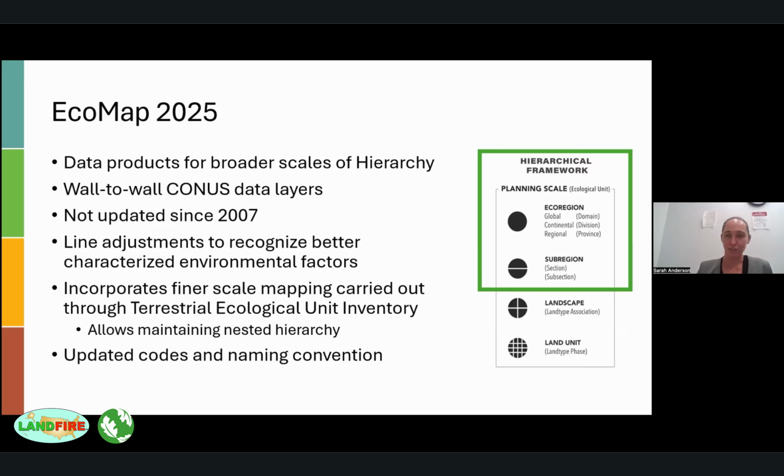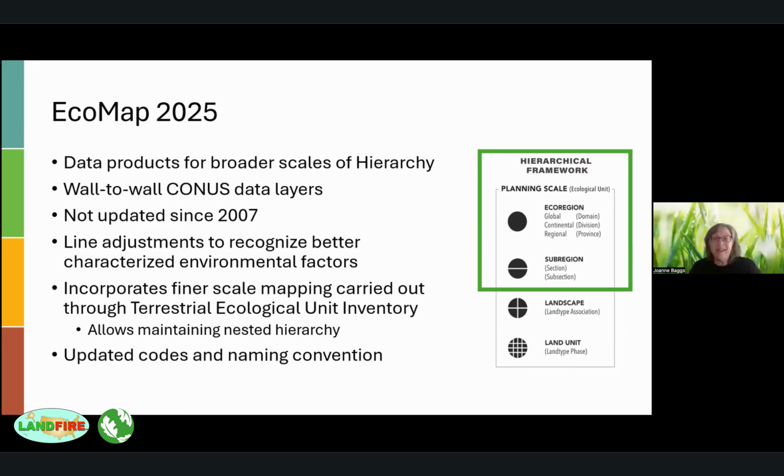So we adjusted the coding structure to account for that. And then we made naming consistent throughout the country in style and format. Some things had a lot more adjectives, some were longer descriptions, so we tried to standardize that. To share a bit of this new work and how it's getting put to use, I'm going to turn it over to Joanne.